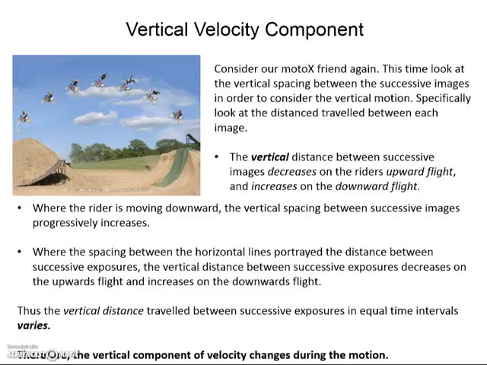Therefore the vertical component of velocity actually changes during the motion, which is again what we saw in that first diagram. As it starts to fly up, it goes a long way vertically, then a little bit less, until it reaches that turning point where it's not moving, and then it changes direction and starts heading downwards.